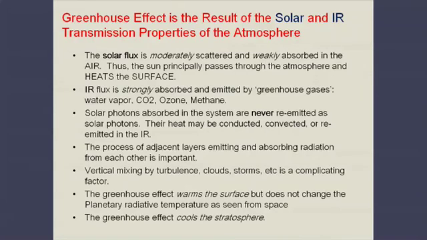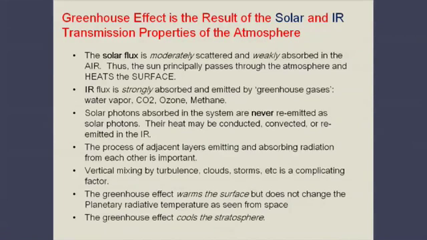IR flux is strongly absorbed and emitted by greenhouse gases in the atmosphere. Very strong interaction. Water vapor, CO2, ozone, methane are the principal gases. The atmosphere is 98% oxygen and nitrogen, and they are not greenhouse gases. They don't interact strongly with infrared, weakly but not strongly.